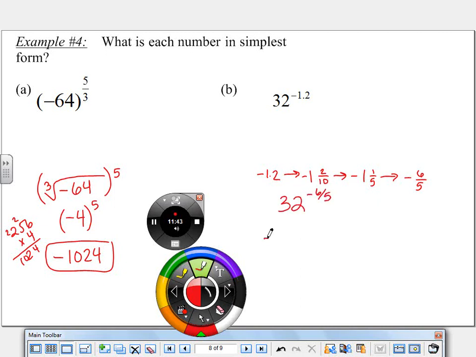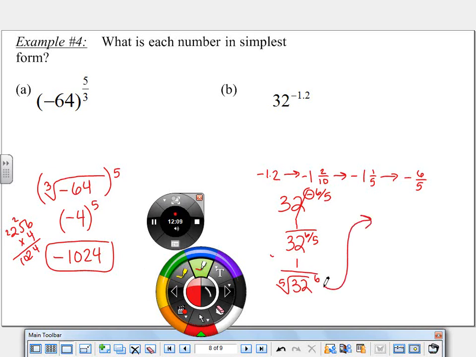So this means I'm going to take the 5th root. Because of the negative, I'm first going to rewrite it as 1 over 32 to the 6/5. Then I'm going to work with my 32 to the 6/5, understanding that that's the 5th root of 32 raised to the 6th power.